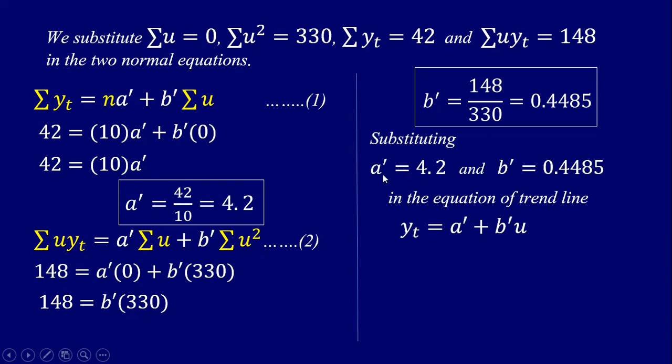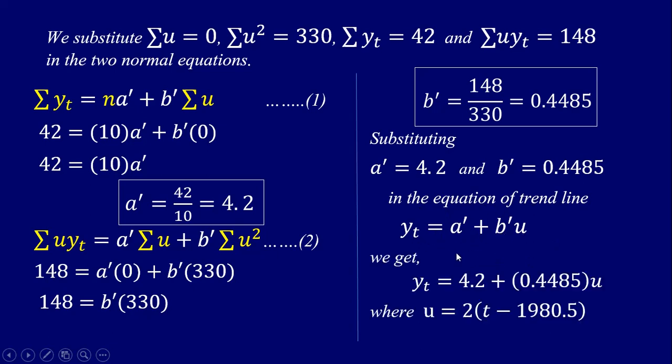Therefore, substituting a dash is equal to 4.2 and b dash is equal to 0.4485 in the equation of the trend line, that is yt is equal to a dash plus b dash u, we get yt is equal to 4.2 plus 0.4485 into u, where u is equal to 2 into bracket t minus 1980.5. Okay, so this is the required equation of the trend line.